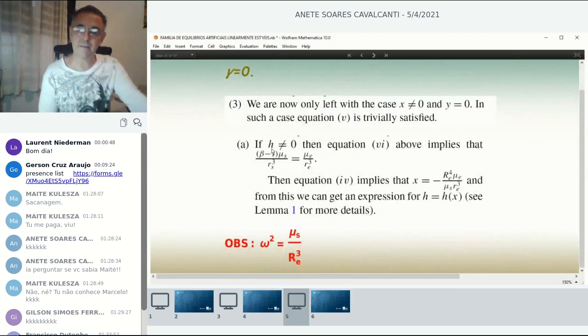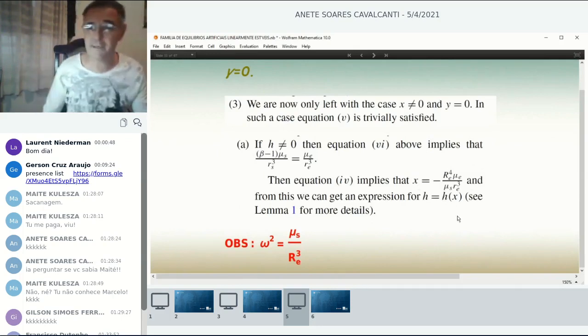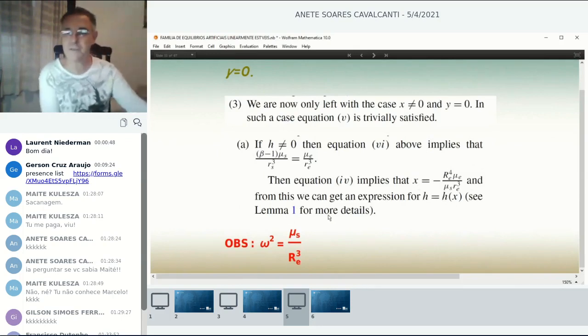The case where h is different from 0, then equation 6 above implies this relation here. And from this relation, we can take an expression for x. And from this expression for x, we can take an expression for h of x, which gives us solutions, which are the equilibria in this case. We're going to see it in more detail in lemma 1.